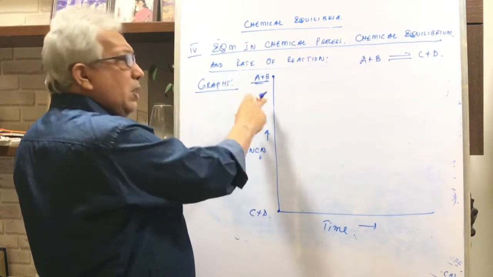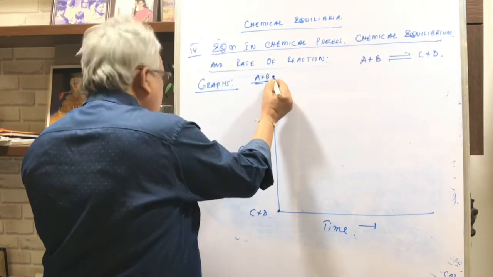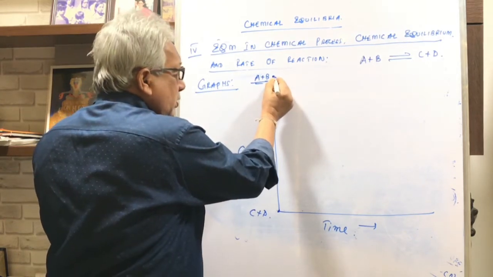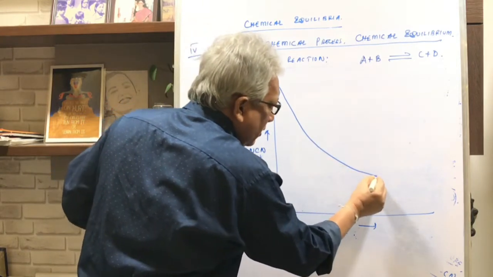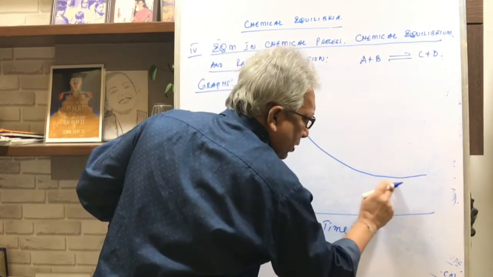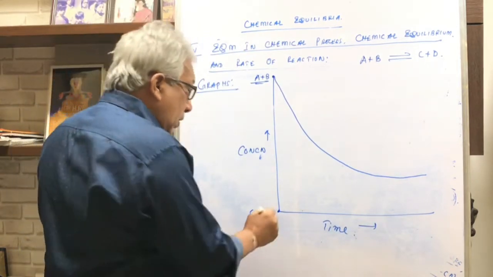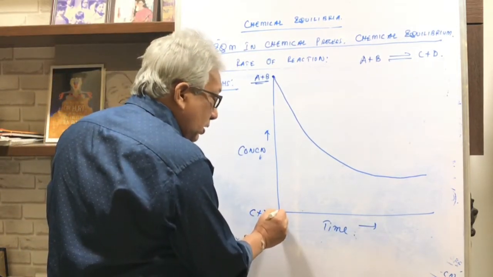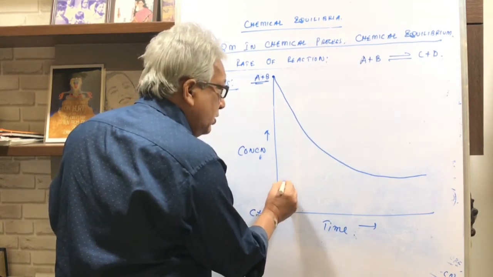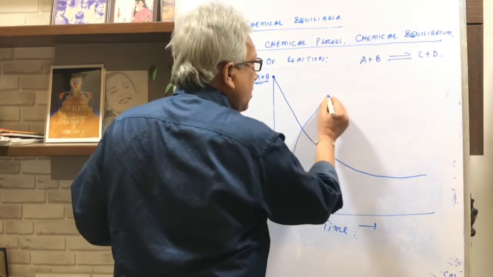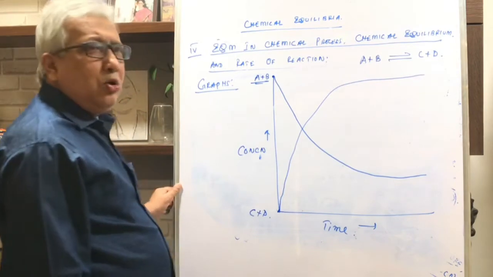So in the beginning A and B concentration is high, but as the reaction proceeds, the concentration of A and B will go on decreasing, ultimately it will become constant. That is equilibrium concentration it will achieve. But as far as C and D is concerned, in the beginning it is 0, but with the passage of time, concentration of C and D goes on increasing, and then it becomes constant. That is equilibrium concentration.